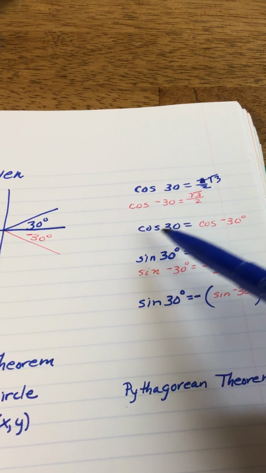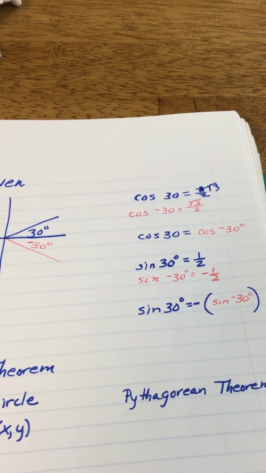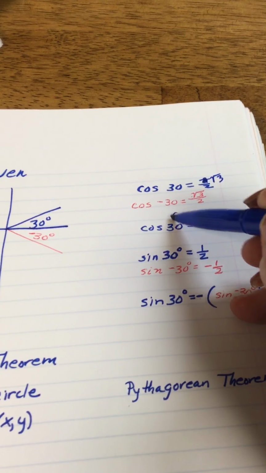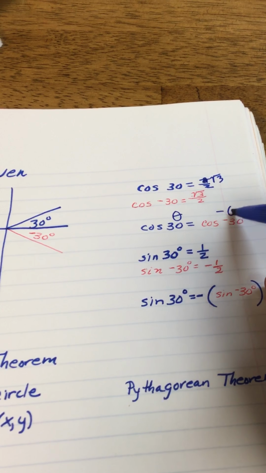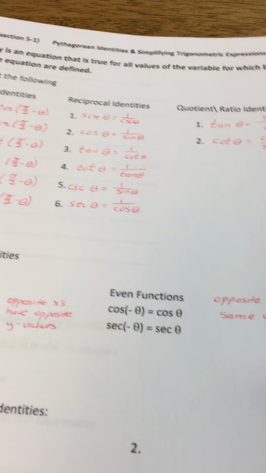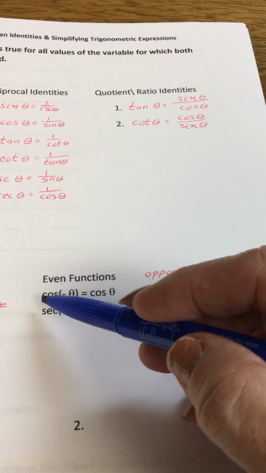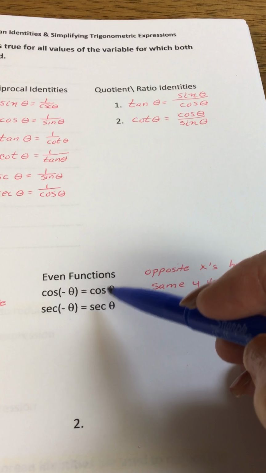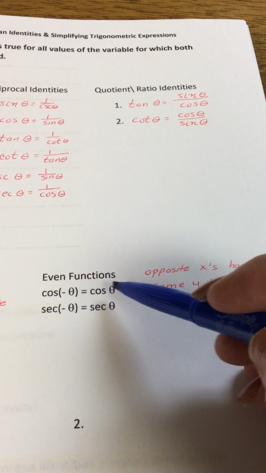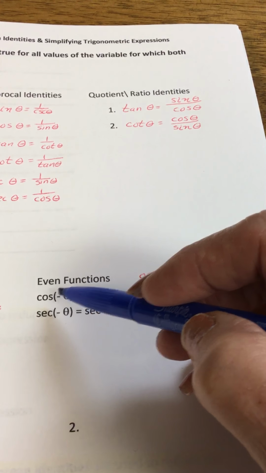These two values are equal to each other. If you think about this as being your theta and your opposite of theta, they are equal to each other, and that is exactly what this identity is saying. One can replace the other. We usually want to talk about our angle theta in terms of theta, not the opposite of theta.